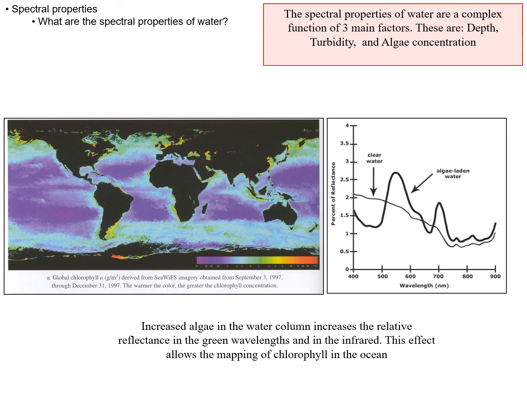Another type of multiple scattering that can go on in water is when there's chlorophyll. When you've increased algae or phytoplankton in the water column, it increases the relative reflectance in the green wavelengths and in the infrared. You still get some absorption in the blue and the red, but again it's not a linear relationship between a simple mixing of the spectra for water and chlorophyll.